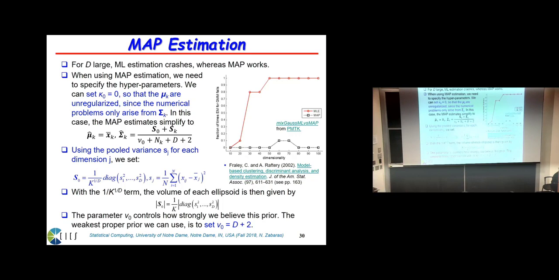This plot shows, for a given set of data in this little program, the fraction of times that the EM algorithm fails versus the dimensionality of the problem. And notice that if you do MLE and the dimension is high, like 100 dimensions, the algorithm fails practically all the time. Doesn't work. If you use the MAP estimate, the algorithm works all the time.